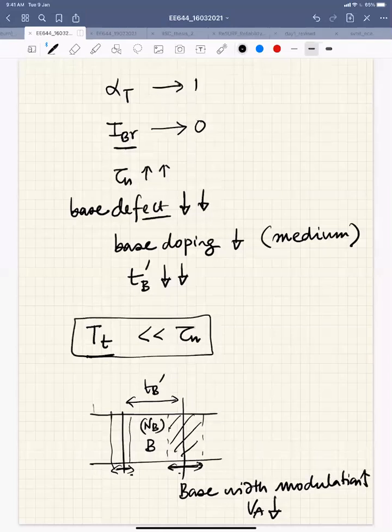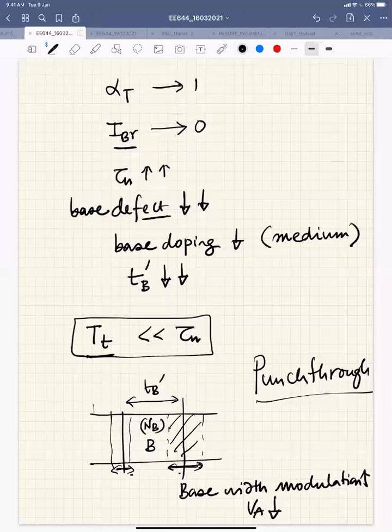We call it punch through, right? Your transistor will enter the punch through region. Punch through means your collector base depletion region and emitter base depletion region are merged, so we have a direct connection between emitter and collector, and there will be high current flow, right? And we do not want that.